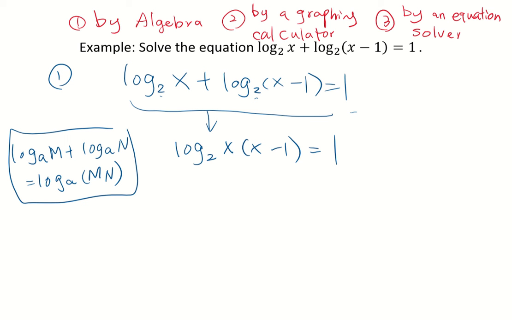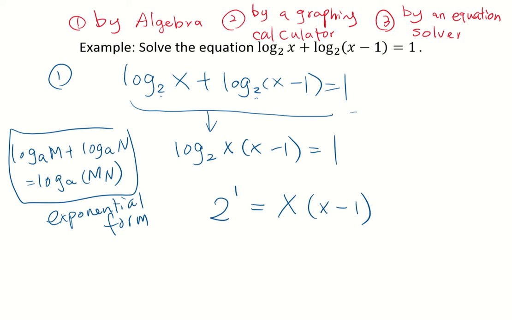Now we're going to turn this log form into the exponential form. So the base will be 2, the exponent is the answer to the log, which is 1, equals what's left, x times x minus 1.